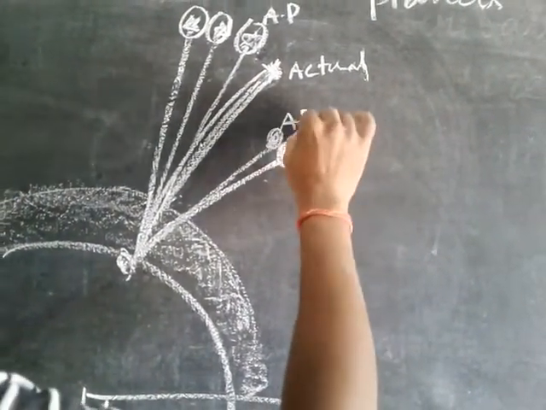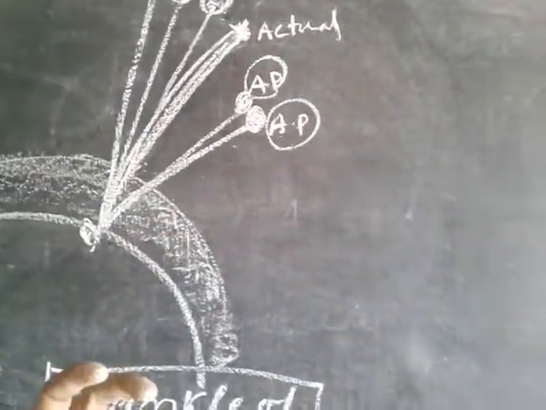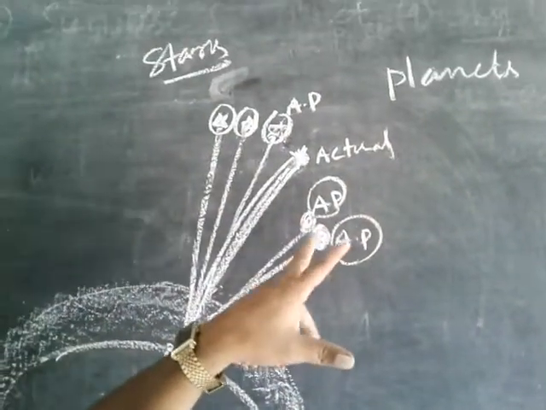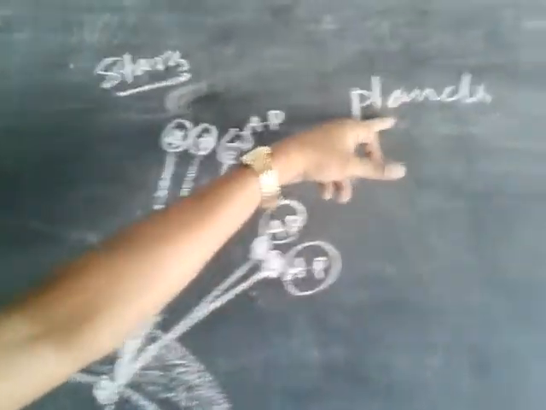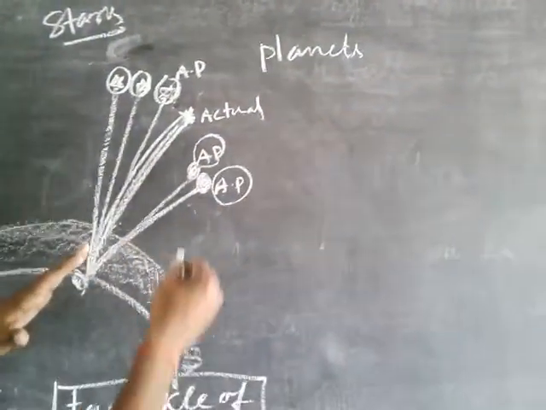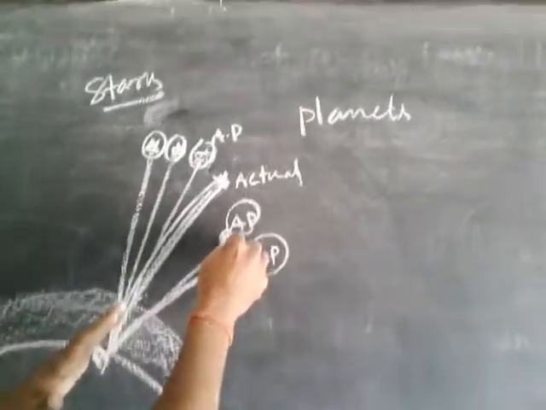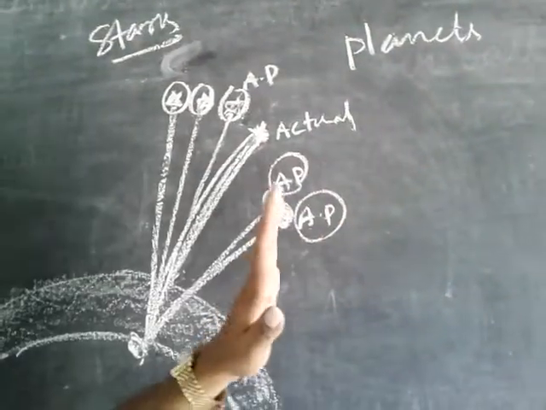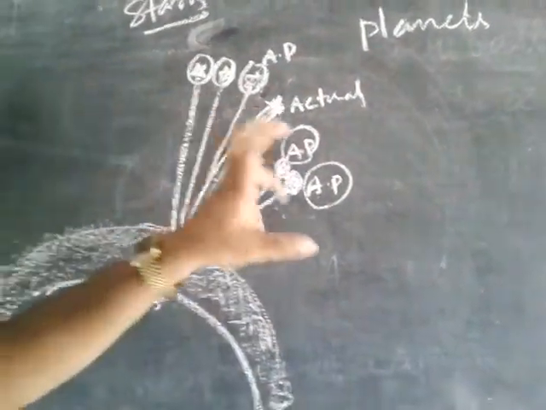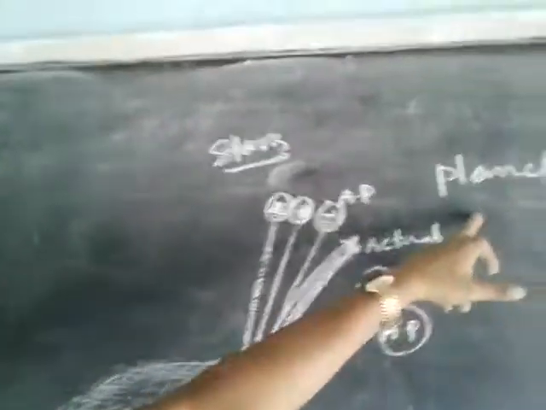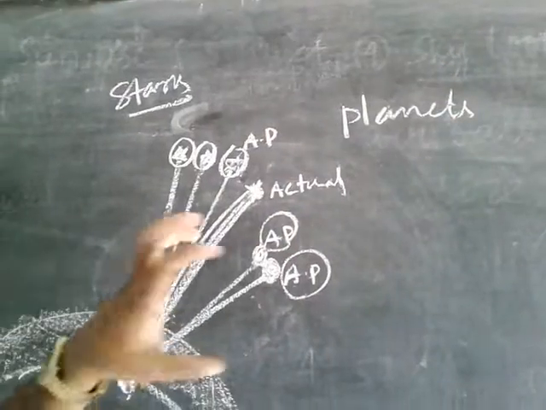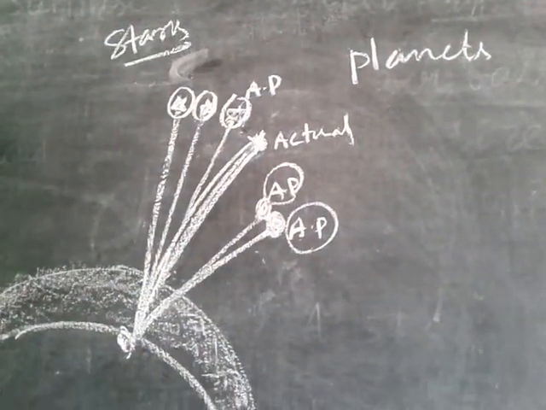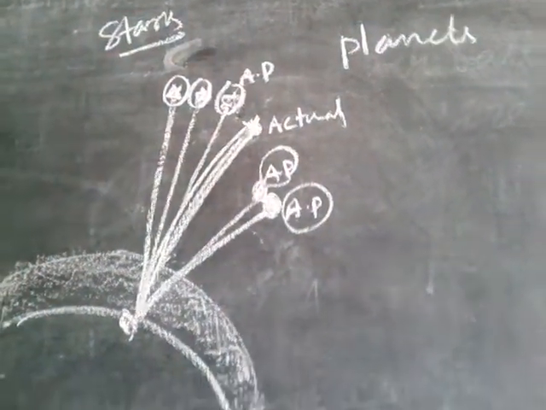So we cannot notice the apparent position of the planet, because the difference is very small. Therefore, planets do not twinkle, but stars twinkle.